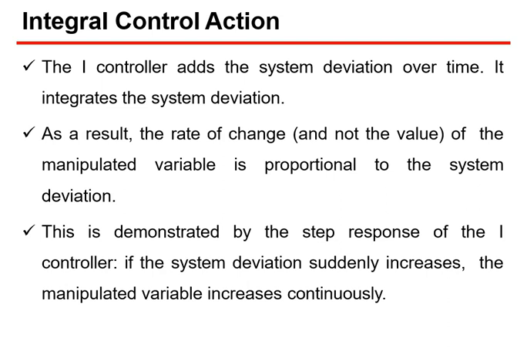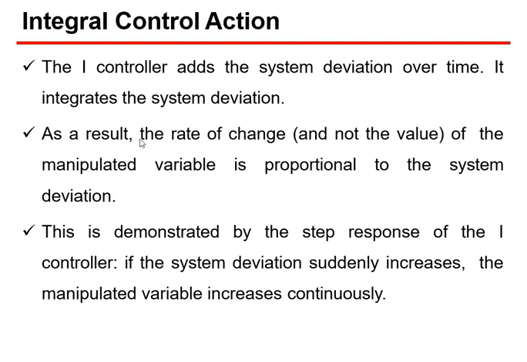The integral controller adds up the system deviation over time. It integrates the system deviation, so whatever the system deviation is, it gives you the integration of that. We will see it in a block diagram or a picture representation as well, so don't worry about that.